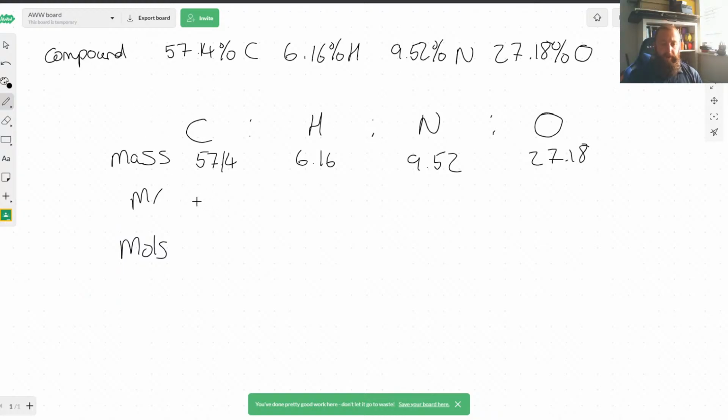I'm going to look at my periodic table and I'm going to put the molecular mass down. Okay, and then I want to work out the moles. So because we're going down my table, we divide. None of this should be new. So 57.14 divided by 12 is 4.762.